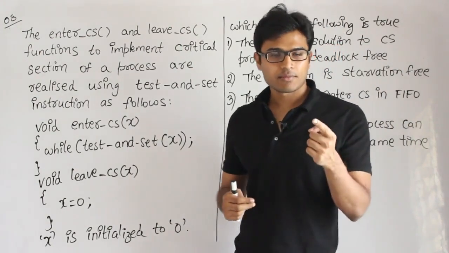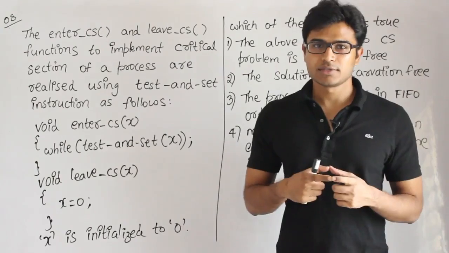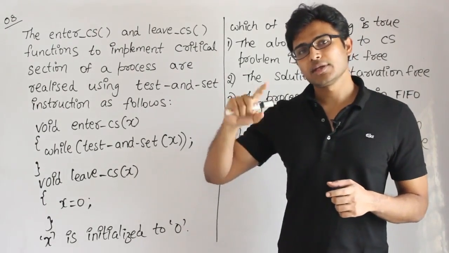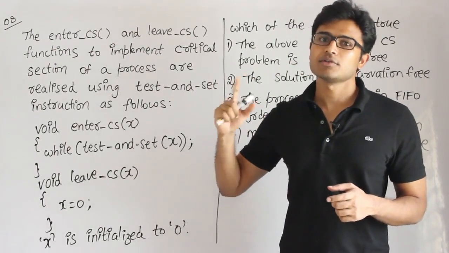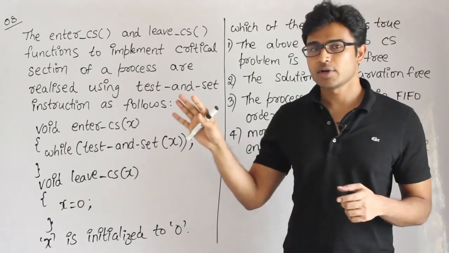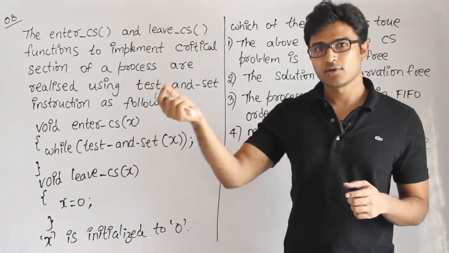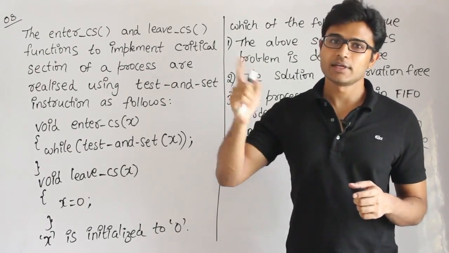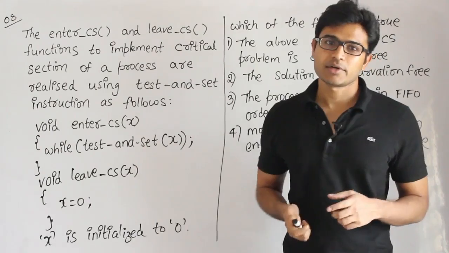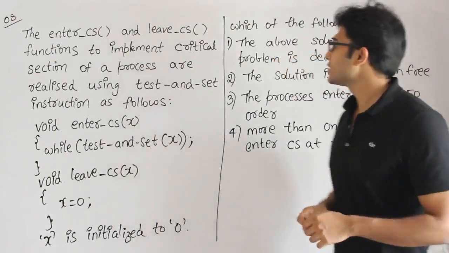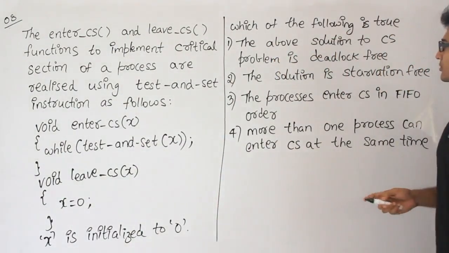Whichever process executes TSL first gets the access, and the other processes are blocked, though not all the processes get blocked. One process is definitely going to enter the critical section, and when it leaves, it will enable the other process to enter. So it definitely does not have any deadlock.